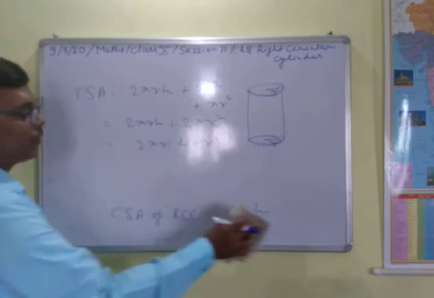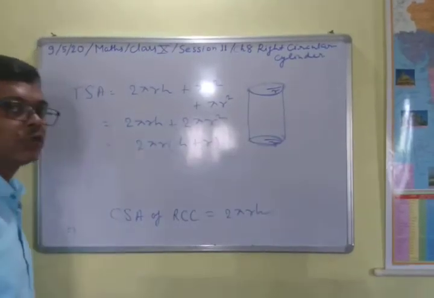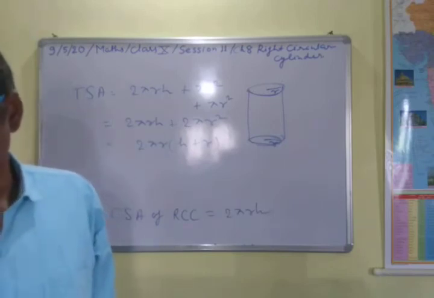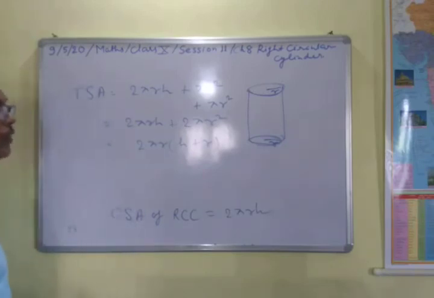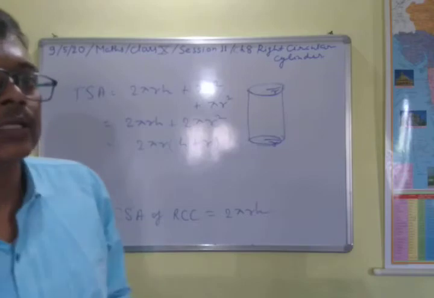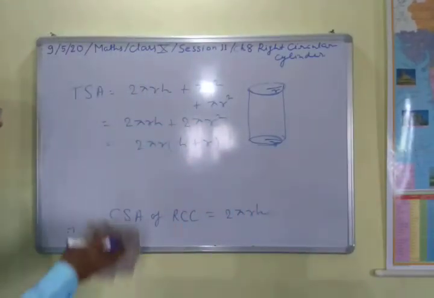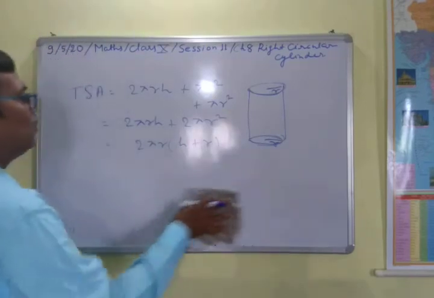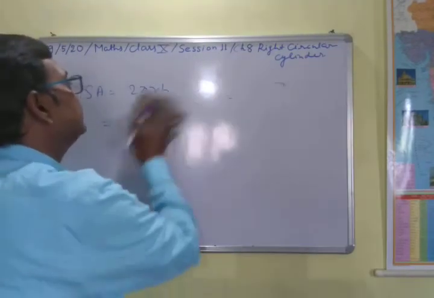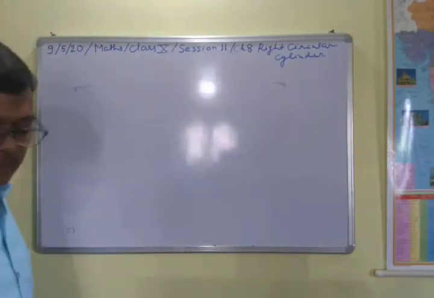So this is the curved surface area and this is the total surface area of the cylinder. And the next is the volume. Whenever we say volume, it means how much space a cylinder takes. So let us find out the volume of a cylinder.